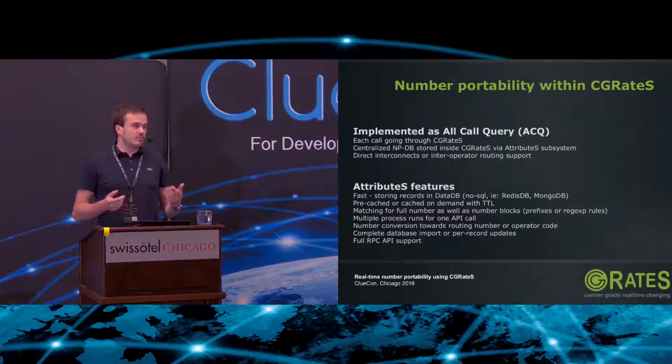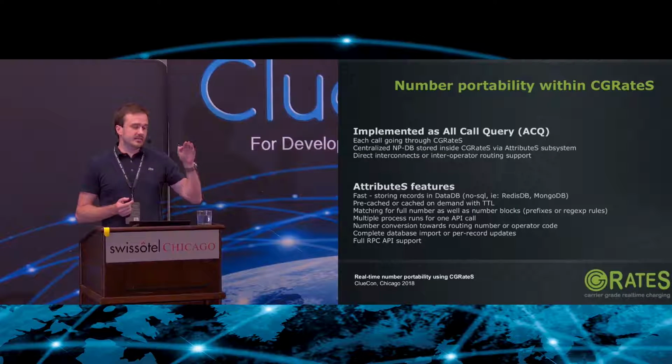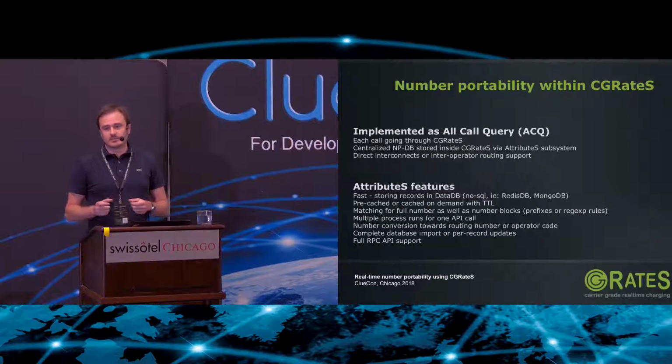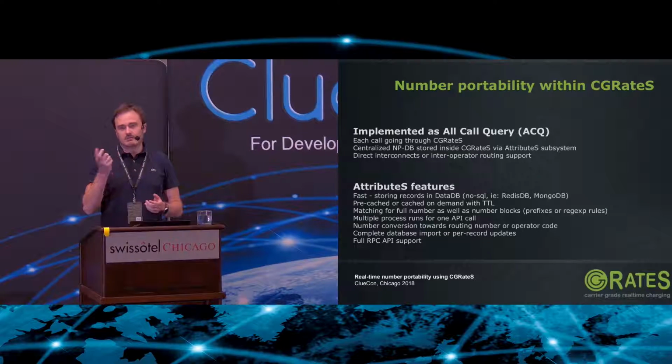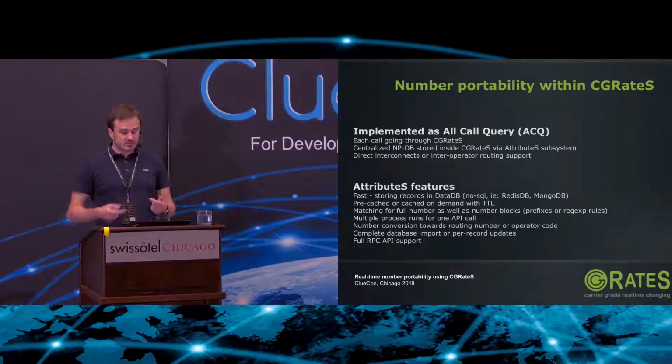Being from Europe, for us life was simpler, because we filter inter versus intra at the number layer, so we filter at prefixes. But due to this, we now support multiple process runs for one API call.